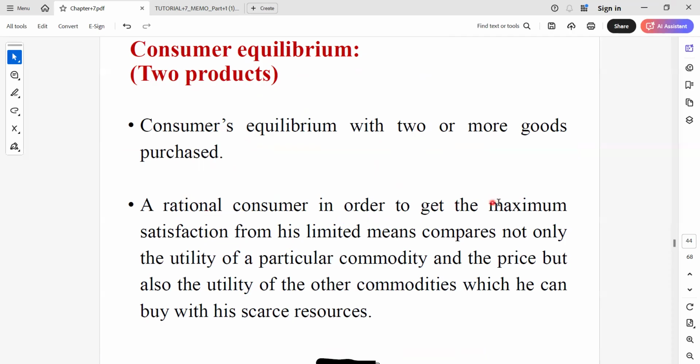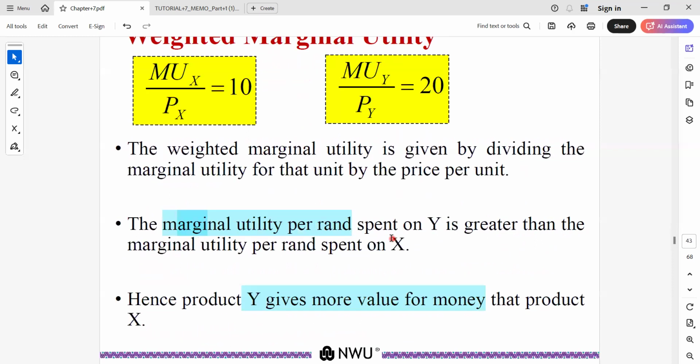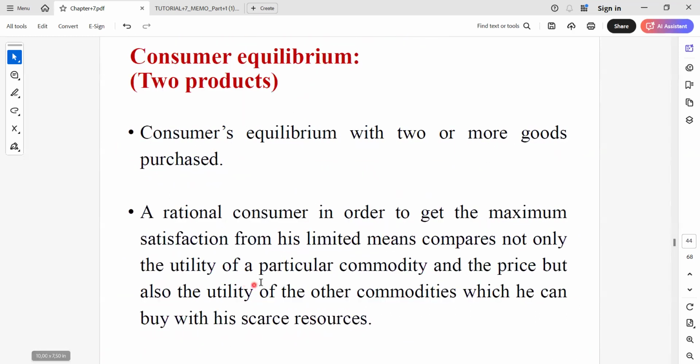A rational consumer, in order to get the maximum satisfaction from his limited means, compares not only the utility of a particular commodity at the price, but also the utility of the other commodity which he buys with the scarce resource.